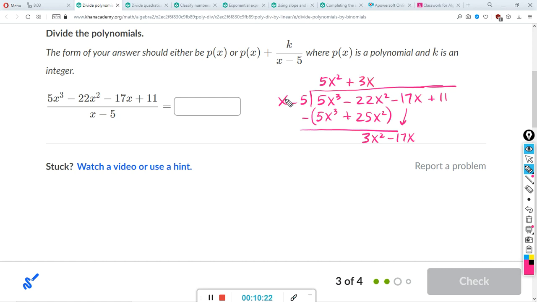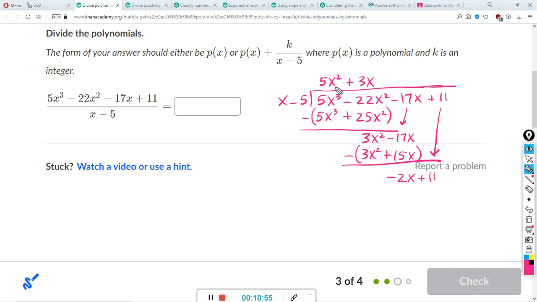All right, 3x times x. 3x times negative 5. Subtract. 3x squared minus 3x squared is gone. Two negatives make this positive. Negative 17 plus 15 is negative 2x. Bring down the positive 11.